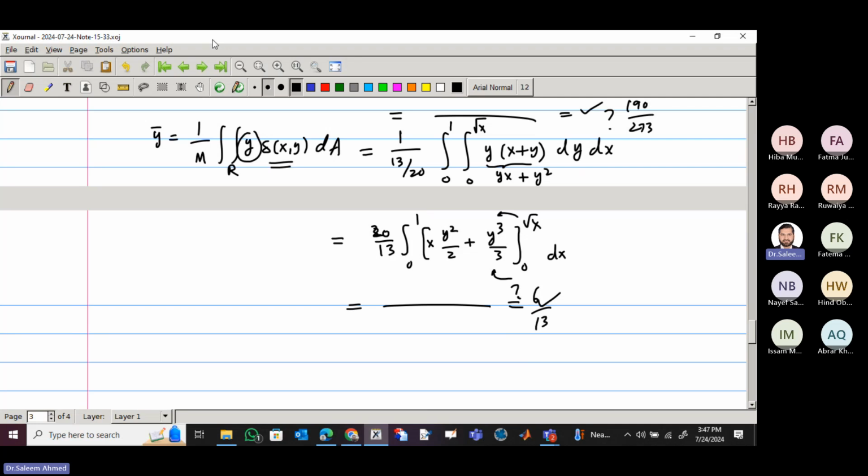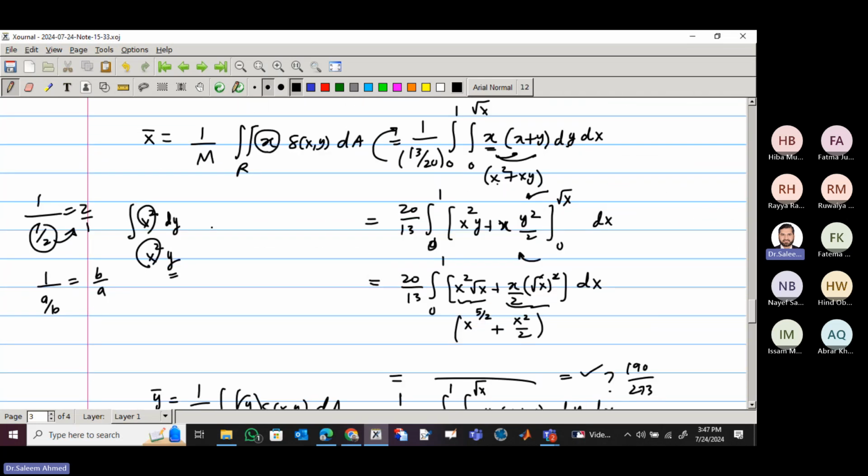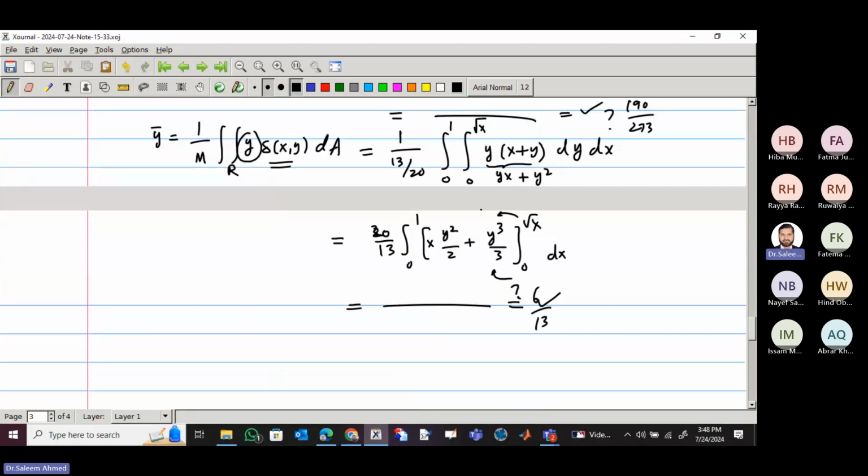But limits also only for the first time. Only for the first time you have to struggle with how to write limits from this figure. But after that, when you write the x bar, y bar formulas, no need to worry about that. Limits will not change. The exact same limits will carry down here in the formulas.